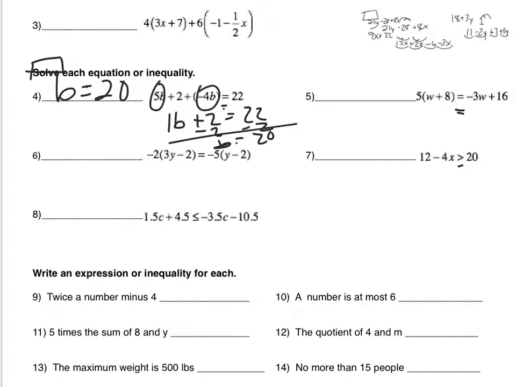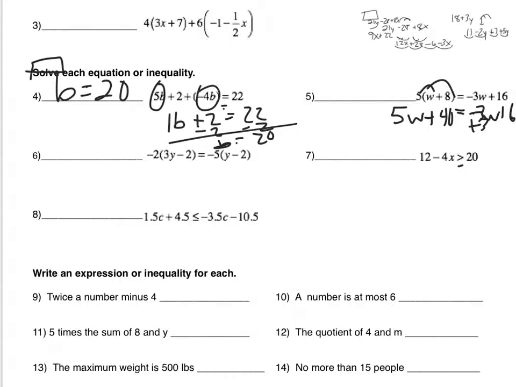For number 5, we need to distribute the 5 to the w and the 8, so we get 5w plus 40 equals negative 3w plus 16. Now you can either add 3w to both sides or subtract 5w from both sides. Either way, it's fine.